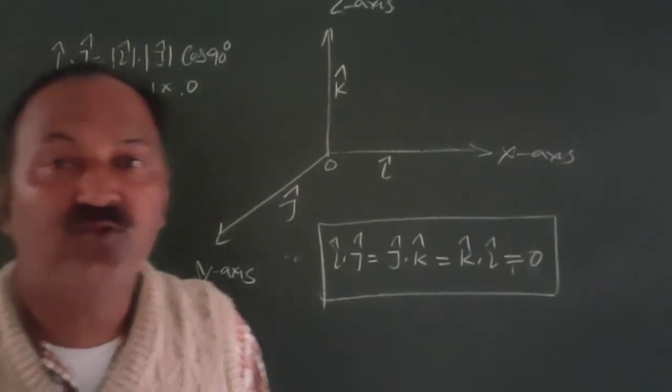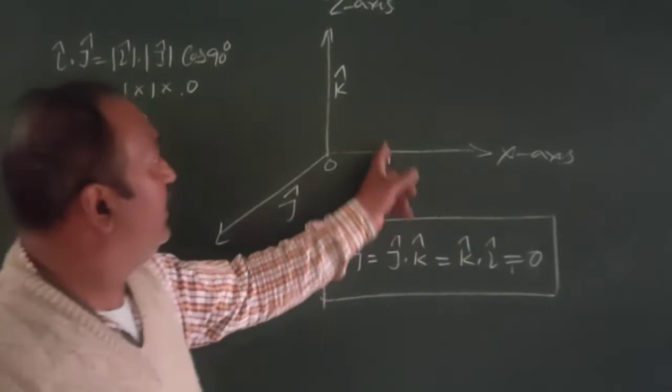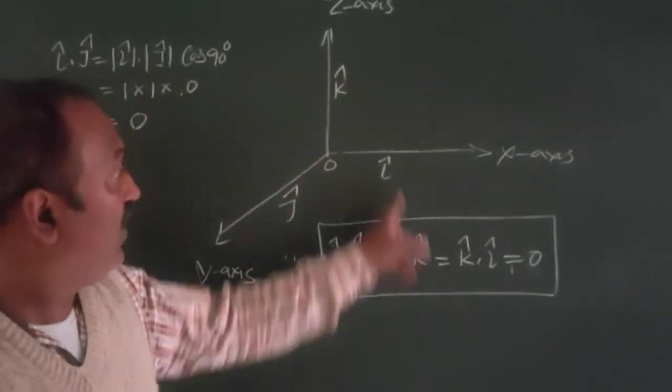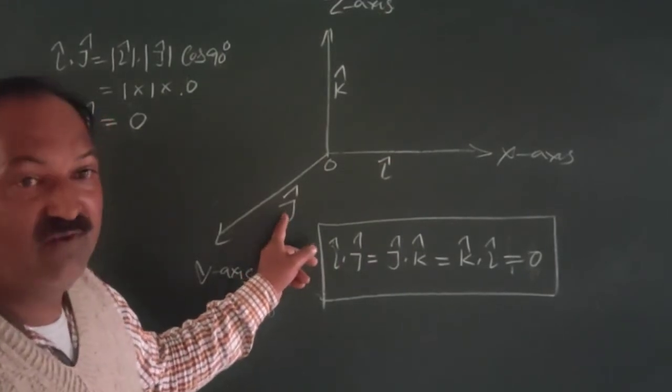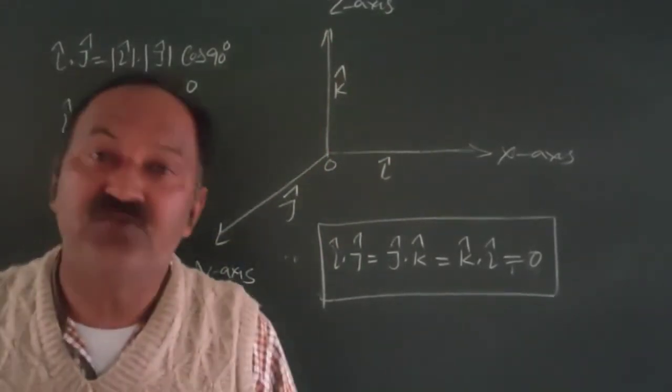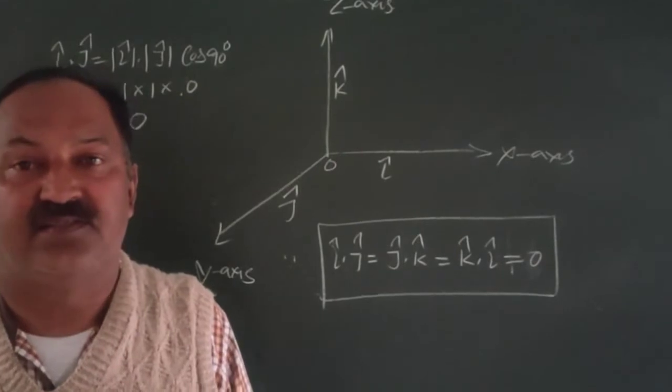If i cap is the unit vector along the x axis, j cap is the unit vector along the y axis, and k cap is the unit vector along the z axis.